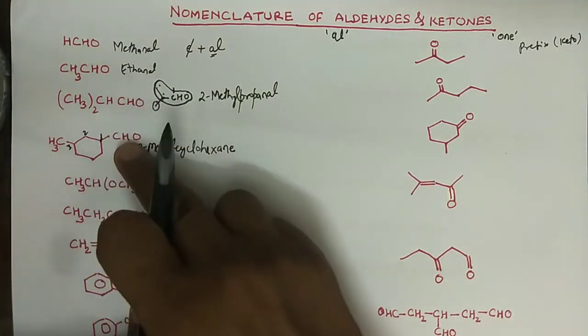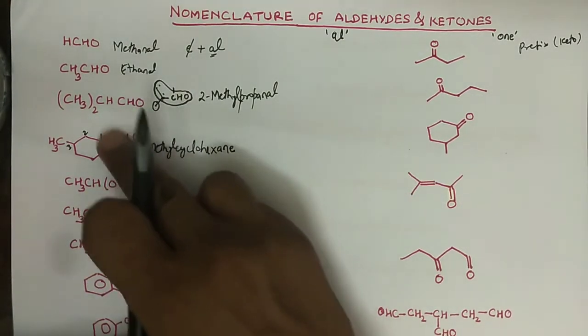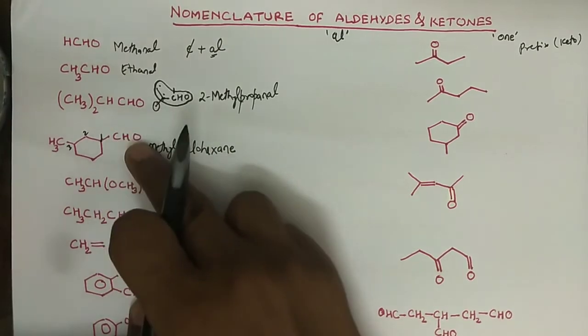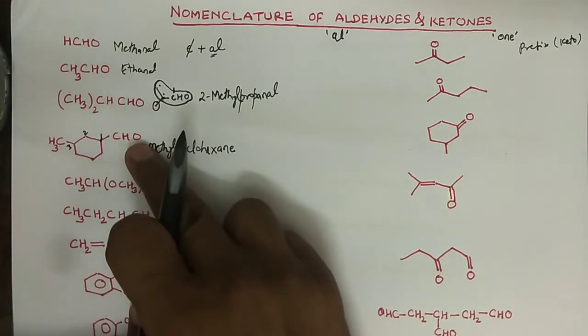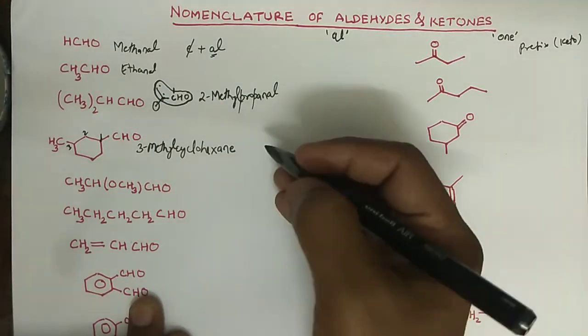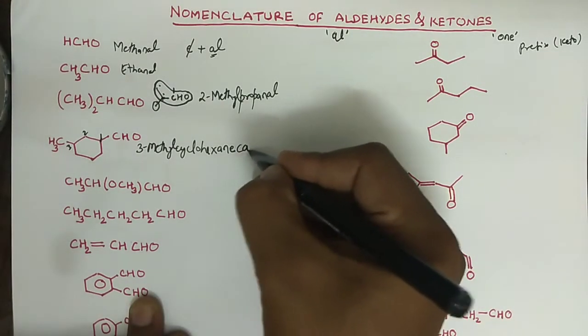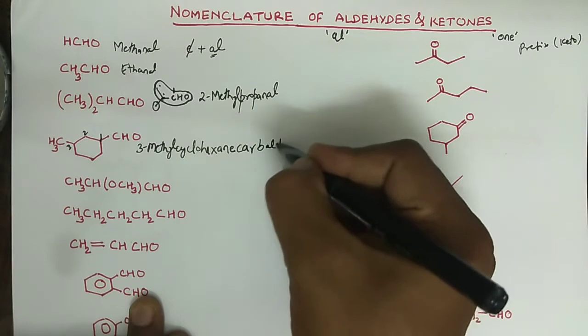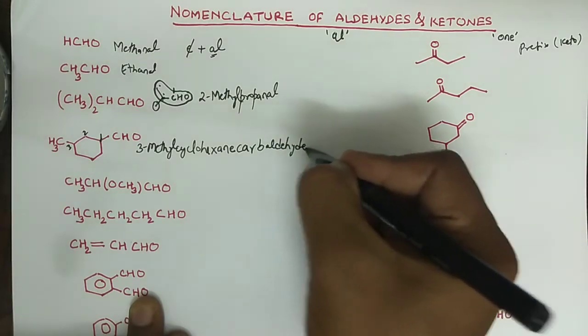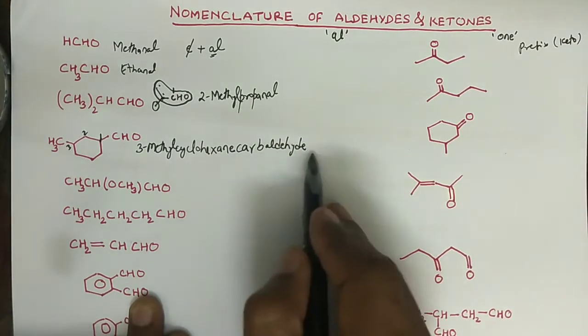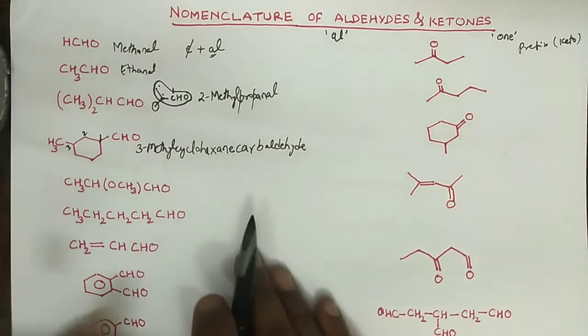When the carbonyl group of an aldehyde is not counted in the main carbon chain, then a different suffix is used, and that suffix is known as carbaldehyde. So this is what you have learned in this example. So when you are using carbaldehyde, then do not delete this E, alright.